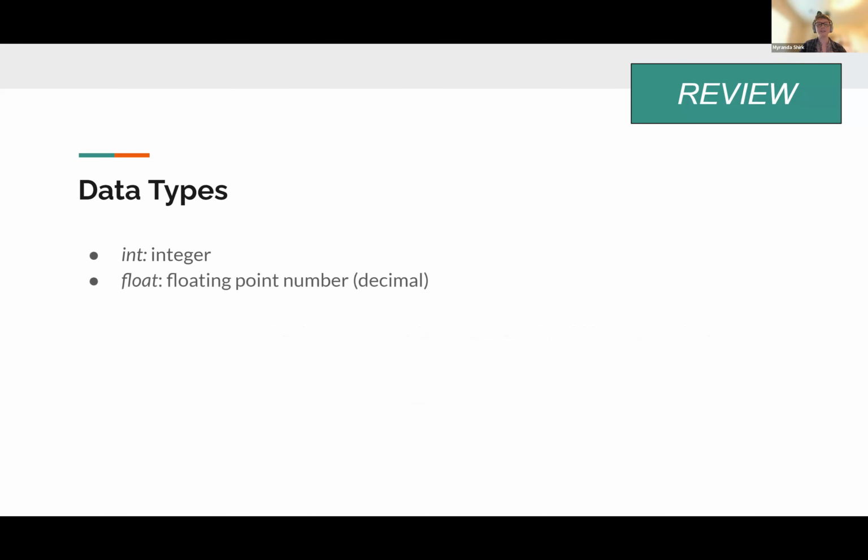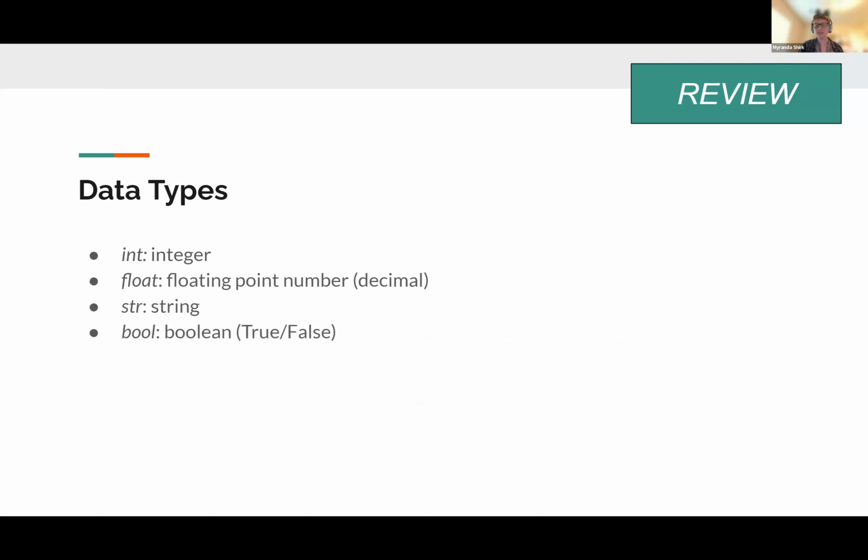We also discussed different data types. We have int or integer, which is a whole number, float or floating point number, which is a decimal, and str, which stands for string, that is anything in quotes. So words in quotes.